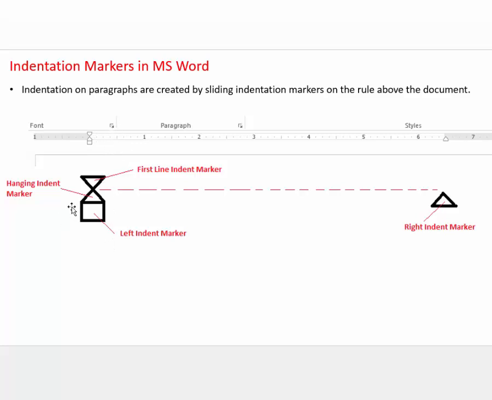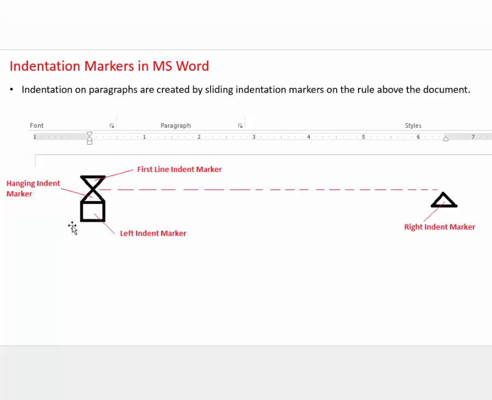And you can see from my diagram here, the one on the left side of the document, this one we call a first line indent marker, which is on the top. Then below this triangle, the triangle below, we will have what we call hanging indent marker.